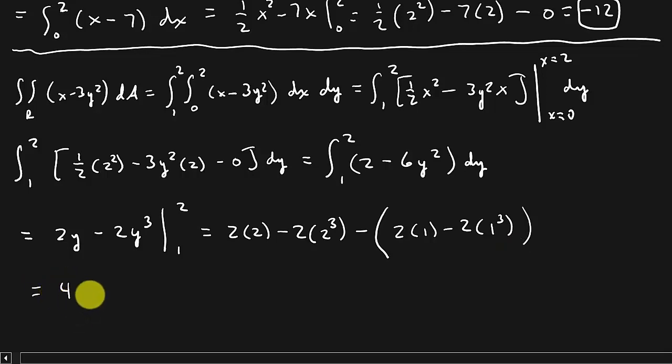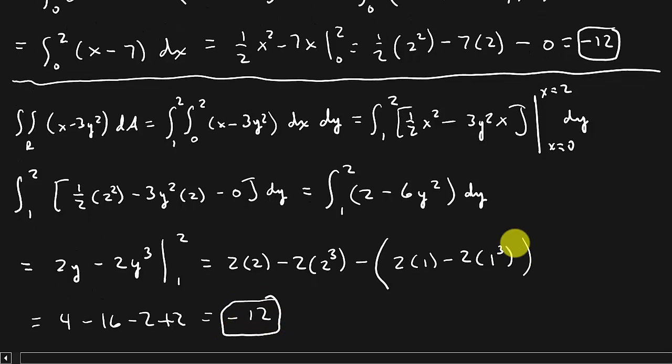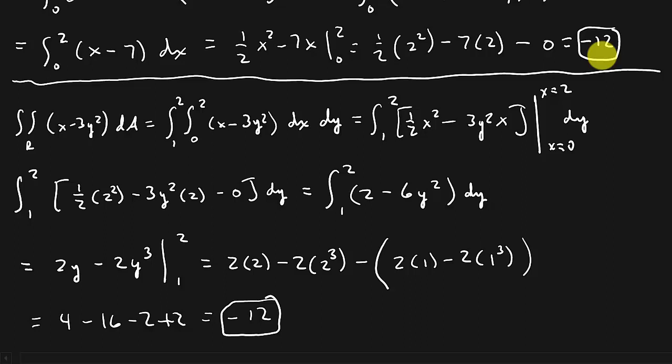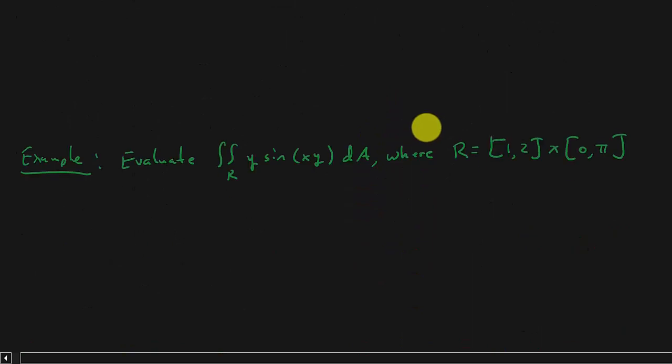And that is going to give me 4 minus 16 minus 2 plus 2, which is actually going to be negative 12 again. Well, that's what we should have got. That's what we got up here. So there it is, we worked it both ways. Hopefully all this is making sense to you.